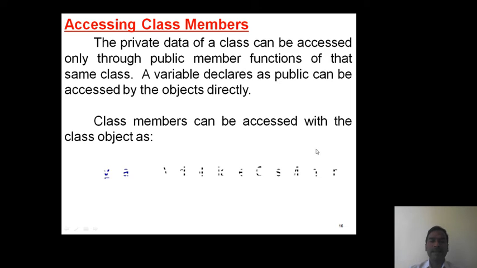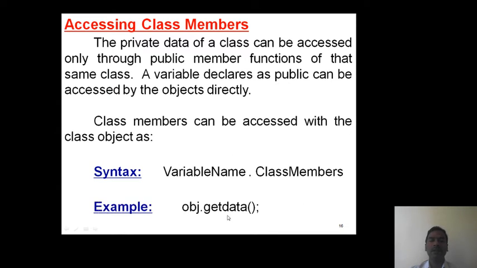The syntax is: variable name, which is an object, dot, class member. So here obj is the object, dot, member function getData. In this way, we can access class members with the help of its object.